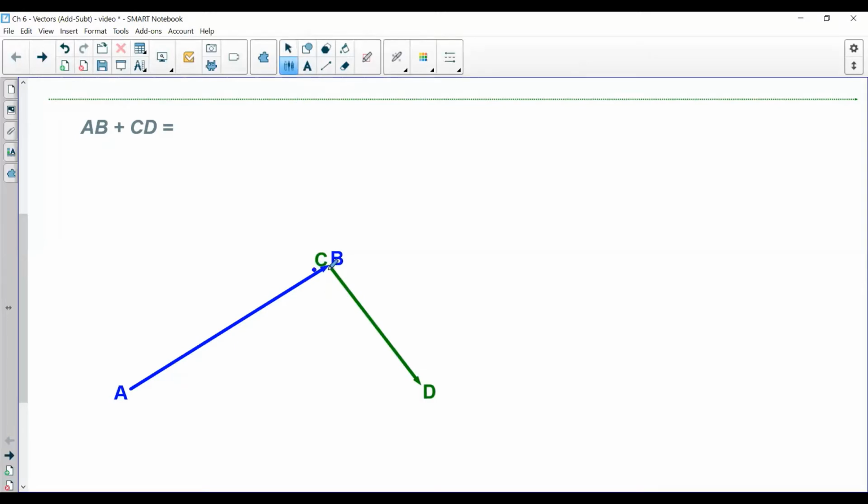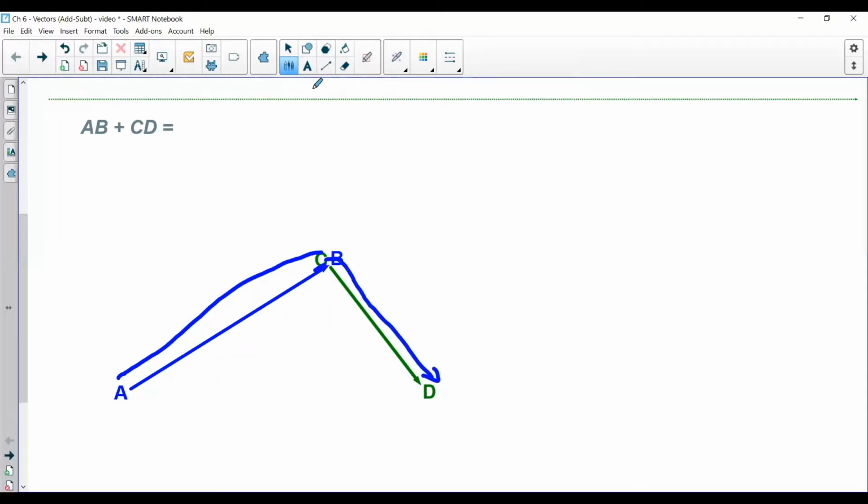The head of vector AB is now connected to the tail of vector CD. Travel from A to B, and then after you stop at B, travel in the direction that CD tells you and wind up at D.